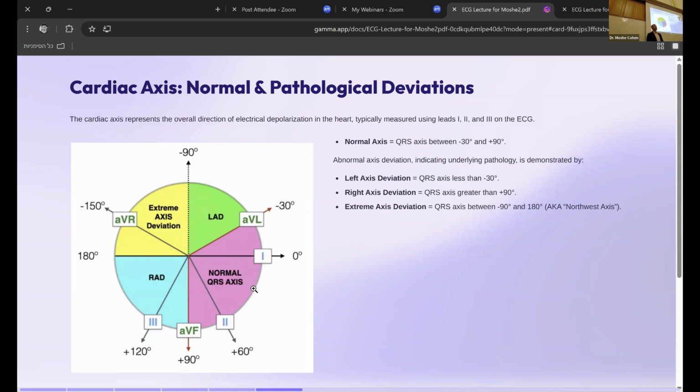What's the normal thickness of the heart? Let's start with the right ventricle. Up to, let's say, 4 millimeters, and the left ventricle would be up to 11 millimeters.